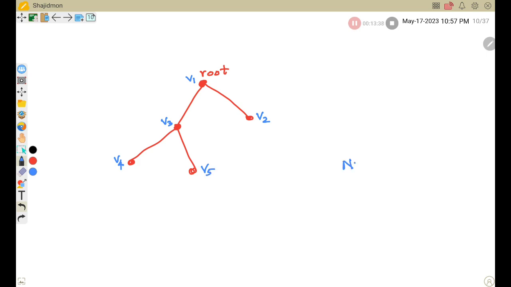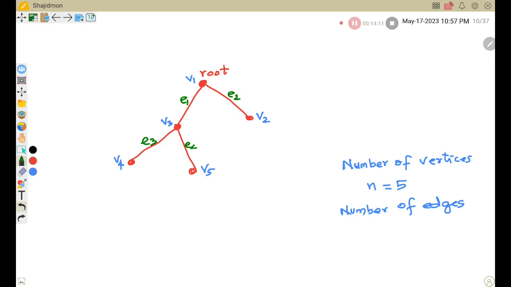Correct? So how many vertices are there? The number of vertices, which we represent by the small letter n, equals 5. Now how many edges are there? You can check that. We can assign, for example, this is edge number 1, this is edge number 2, edge number 3, edge number 4.